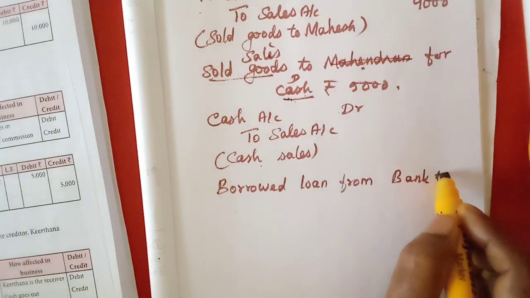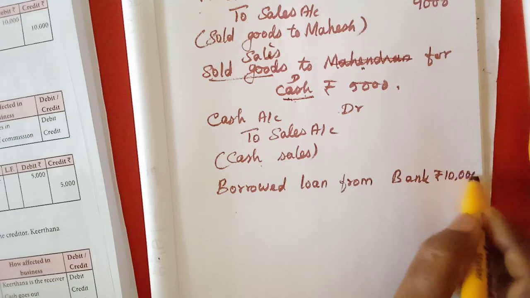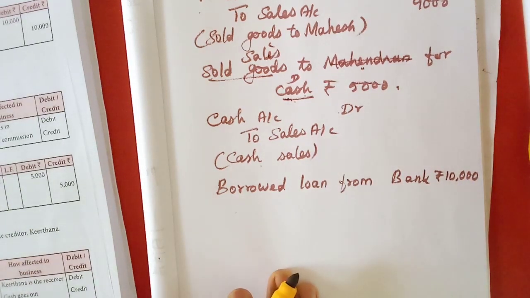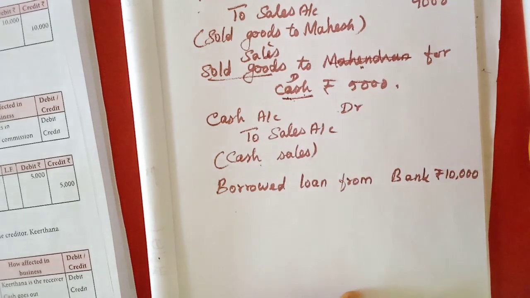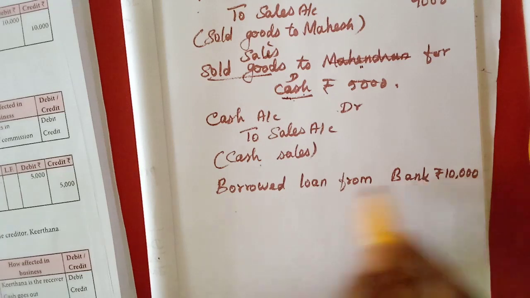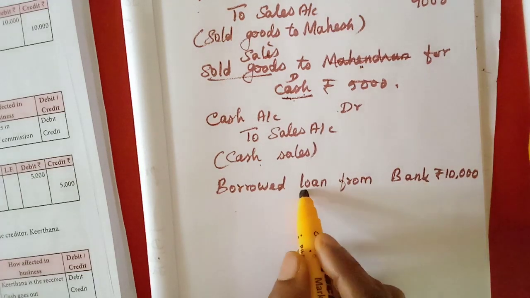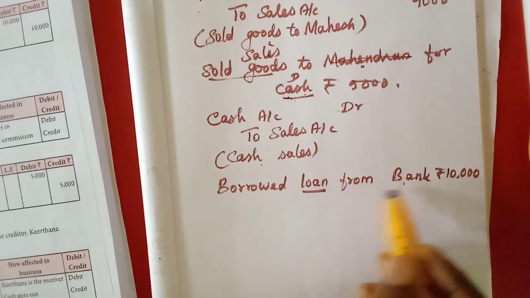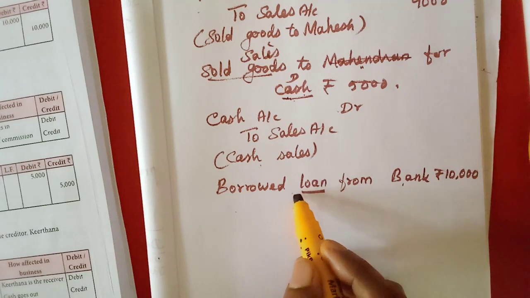Rupees 10,000, borrowed loan from bank. Here one is loan, so we have to consider this as bank loan, not simply bank.